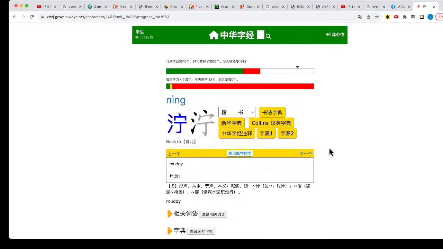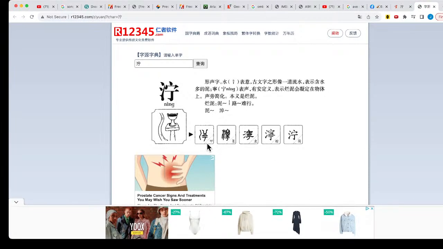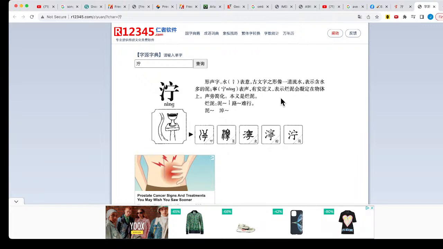宁 means muddy. Wet, muddy dirt is called 宁. 泥泞. Now this one, you can see there's water, and on the right-hand side is the character 宁, which means peaceful. You can see why they use that character.